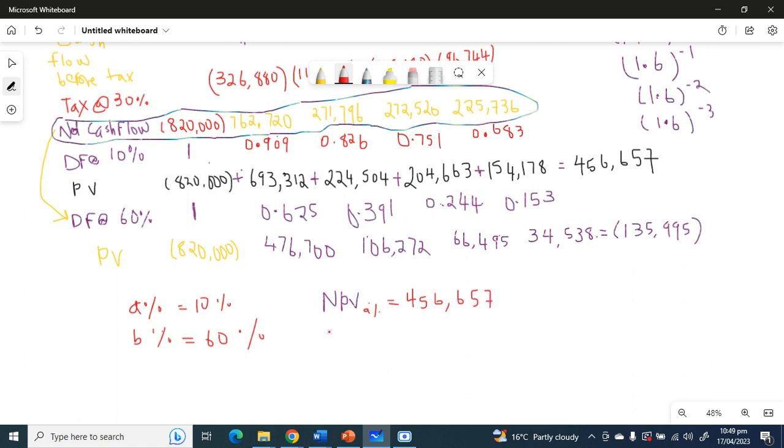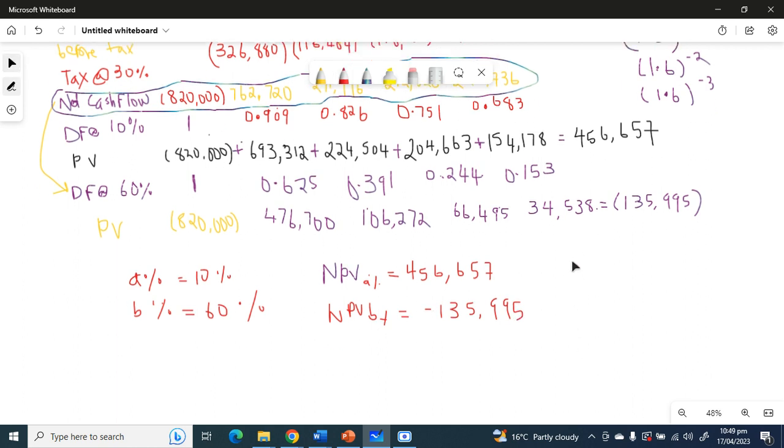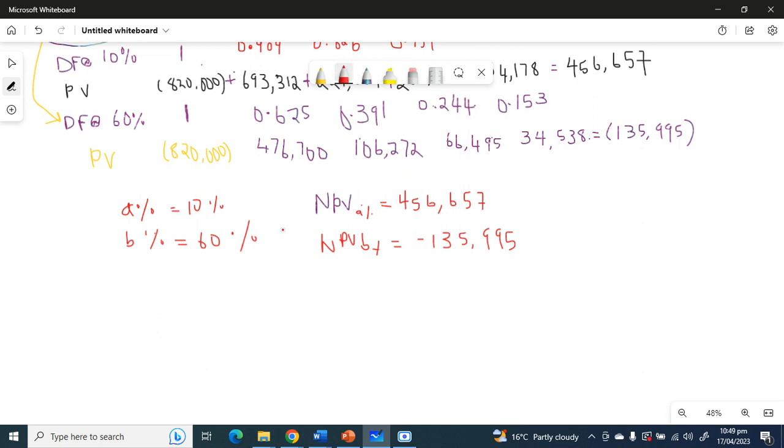And we get the net present value with the higher discount factor, NPV B%, as negative 135,995. So we put our formula.